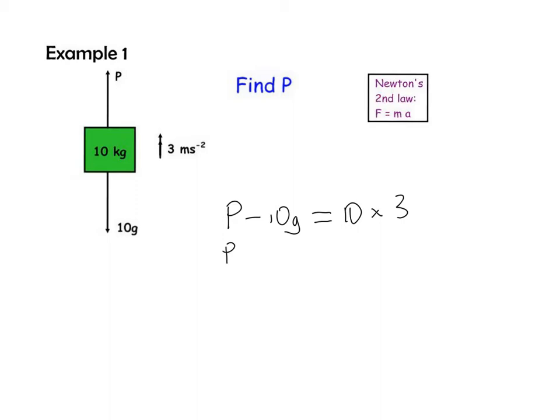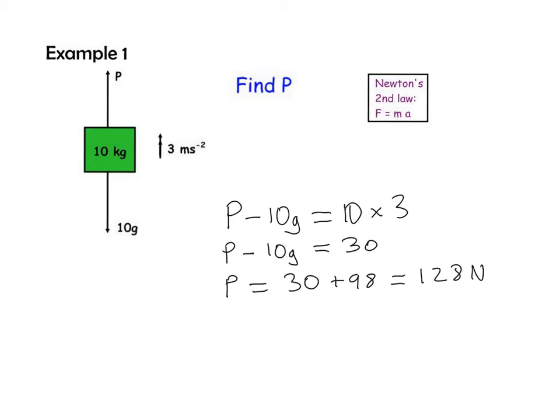So we know that P minus 10g equals 30. Then we can rearrange that, so P equals 30 plus 98, which equals 128 newtons.